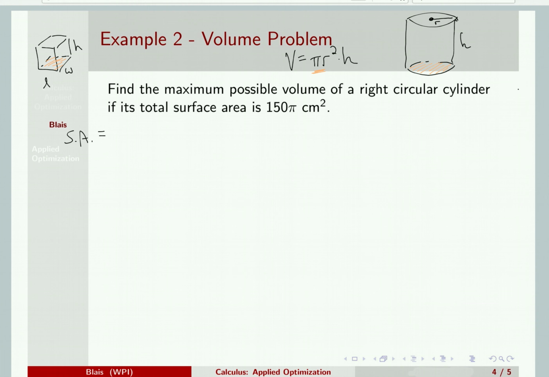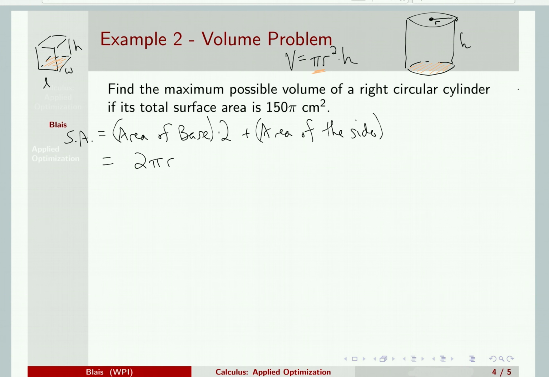Well, the surface area of the can will be the area of the base, specifically twice that, because you have a top and a bottom. And then you have to add the area of what we'll call the side. Now the area of the base, that's a quick one. We've already argued that that's pi r squared. So this will be 2 pi r squared.